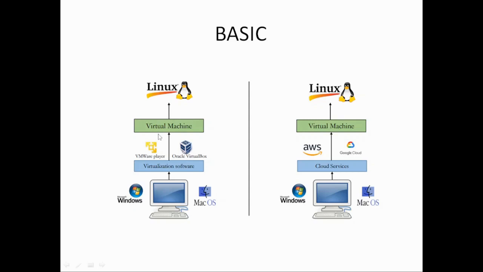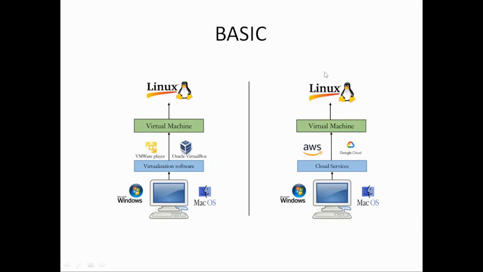We are going to create the virtual machine on either Oracle VirtualBox or VMware player, and later install Linux on top of it. So we are just creating a Linux operating system on top of the existing operating system. This is a simple scenario.